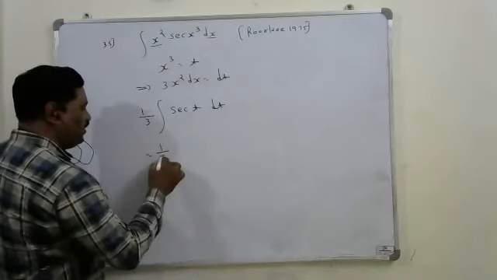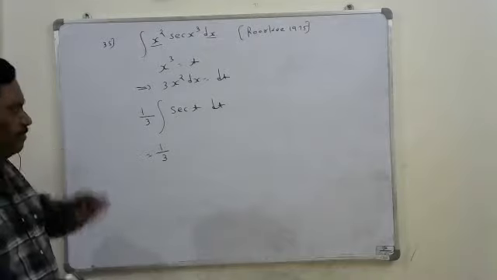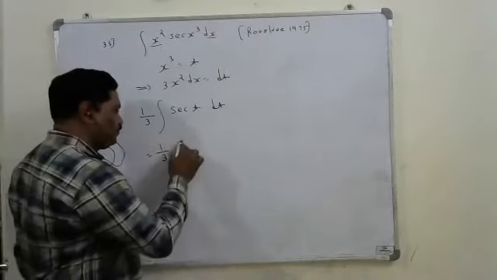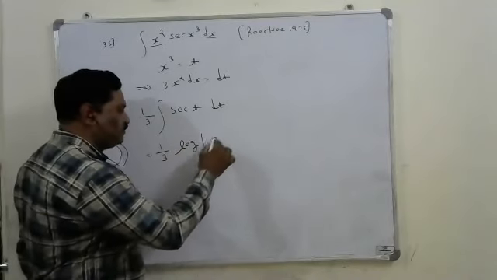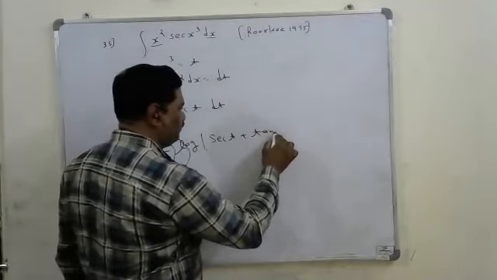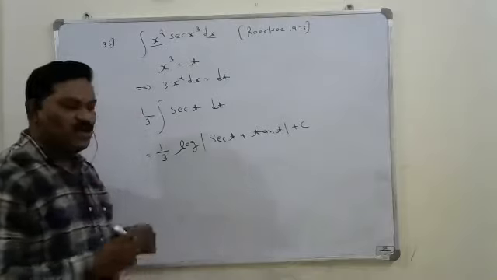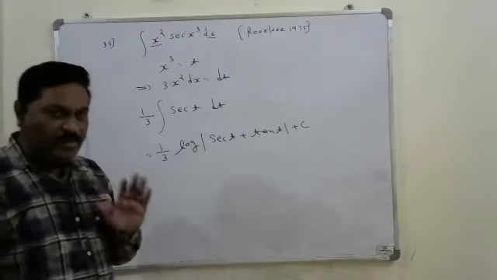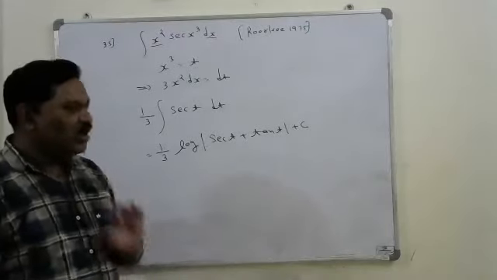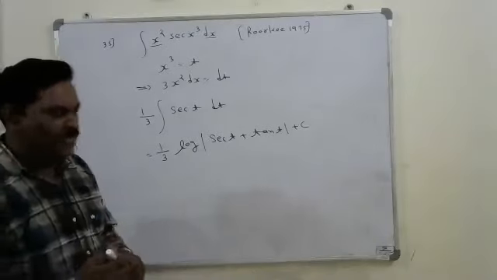So it is 1 by 3 into, what is the formula for integral secant t? Log mod secant t plus tan t, or we also have one more formula, log mod tan of pi by 4 plus t by 2. As for the option, we have to select the formula.